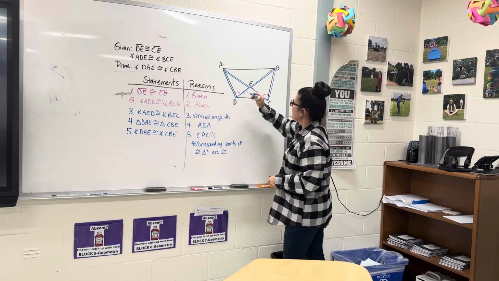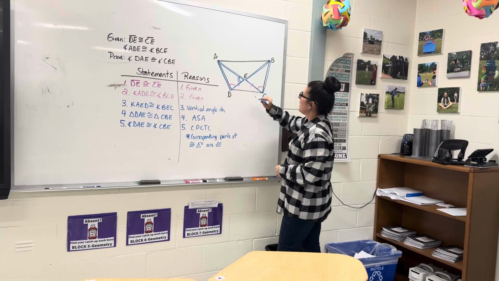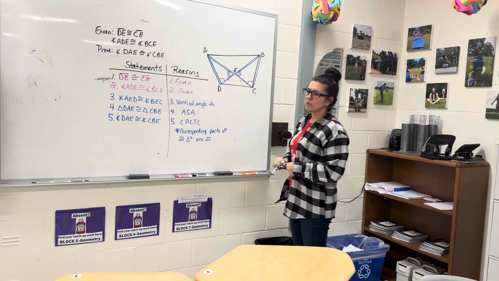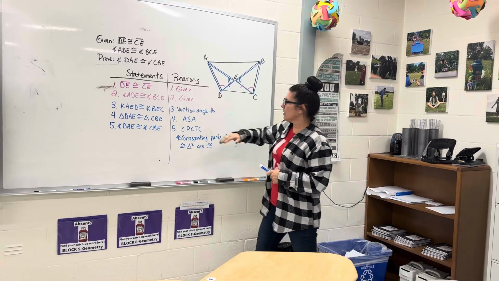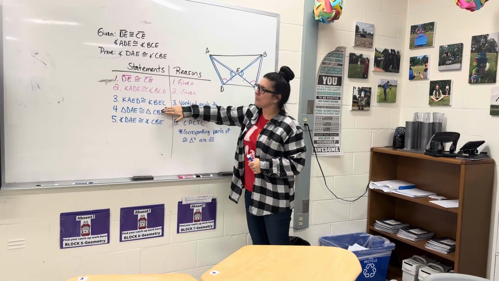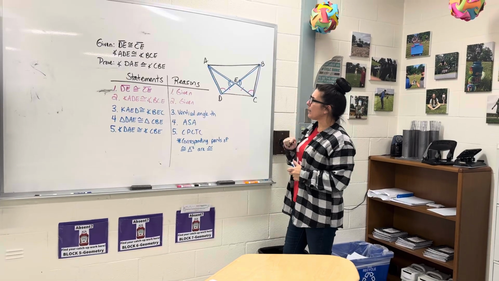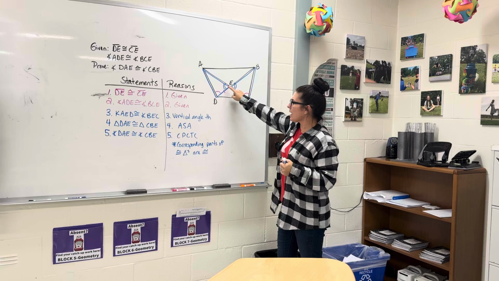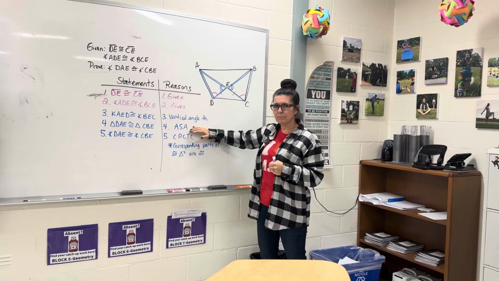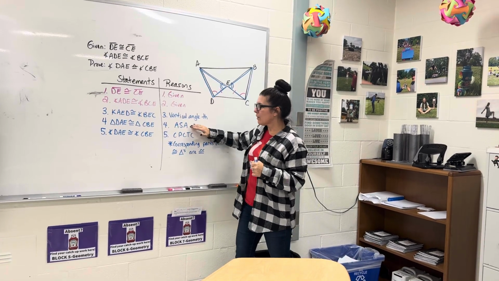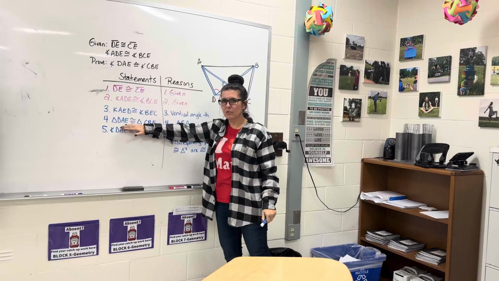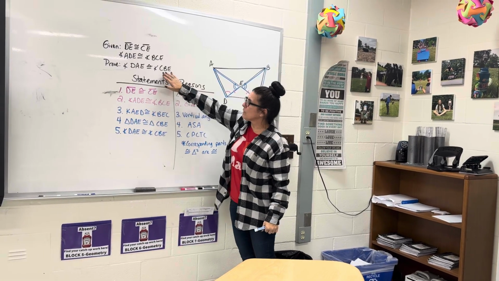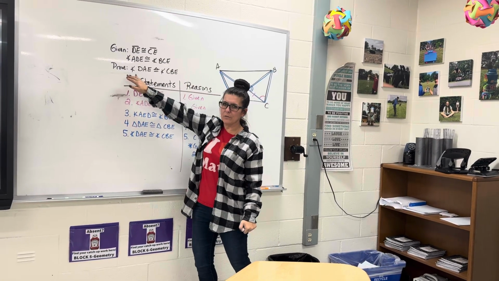This says AED and BEC are congruent using vertical angles. That's my vertical angles theorem. Looking at those two blue triangles, which is where my focus is, I now have an angle-side-angle relationship. That angle-side-angle relationship allows me to say that the triangles are congruent. But if you look at the proof statement, we're not asked to show triangles are congruent.